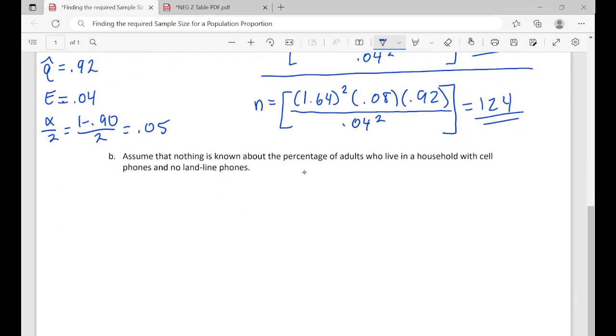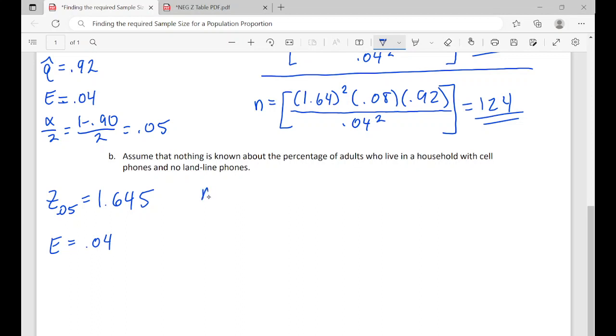Now, what if we know nothing about the percentage of adults who live in households with cell phones and no landlines? Well, we already know what our z alpha over 2 score is for 0.05, which is either 1.64 or 1.645, depending on whether you use a table or a calculator. And we know that our margin of error is still 0.04.